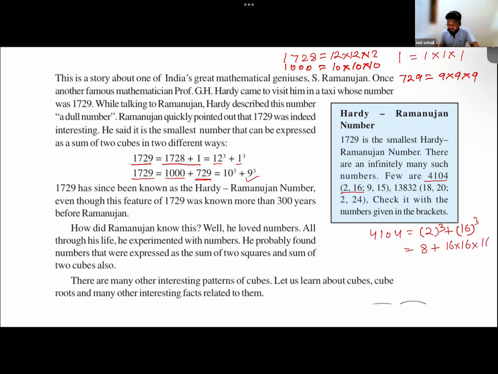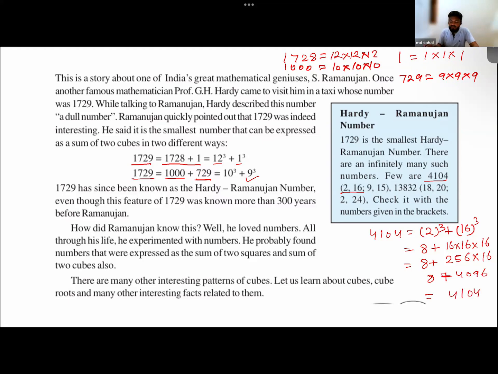You guys tell me. How much is it? 256 multiplied by 16. It's 4096. So you get 4104.